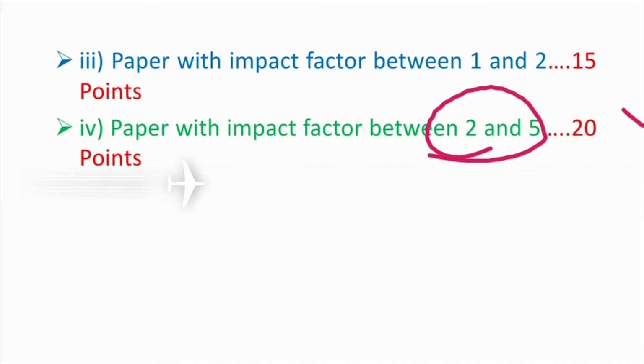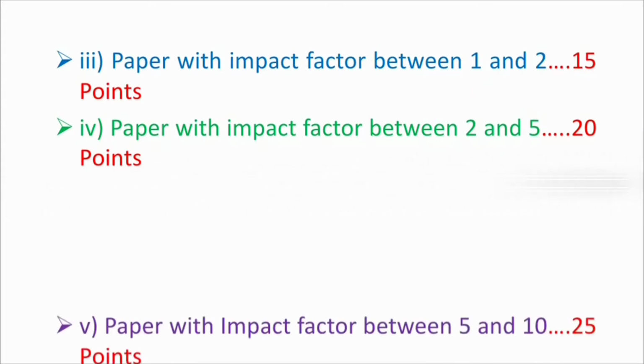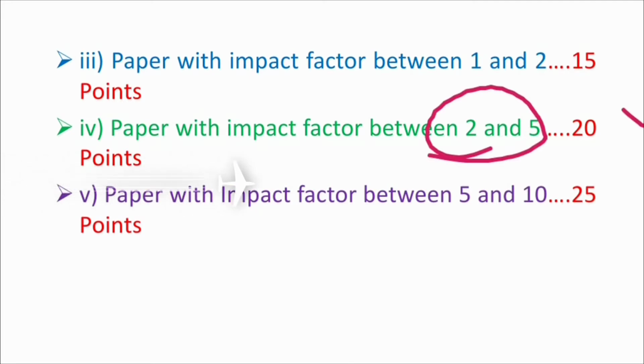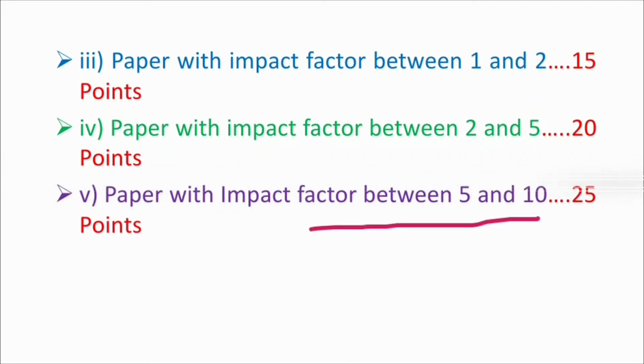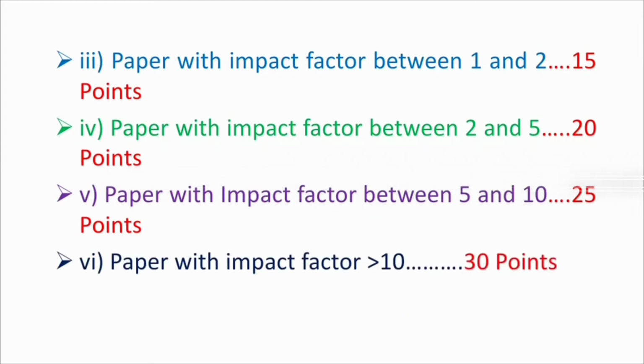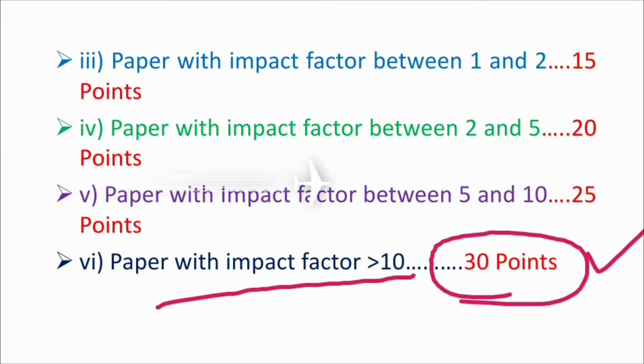If the journal has a low impact factor, you will get fewer points. If your paper is published with an impact factor between 5 to 10, you will get 25 points. If your paper is published with an impact factor of more than 10, you will get 30 points, because the impact factor is more. If the journal has more impact factor, automatically you will get high points.